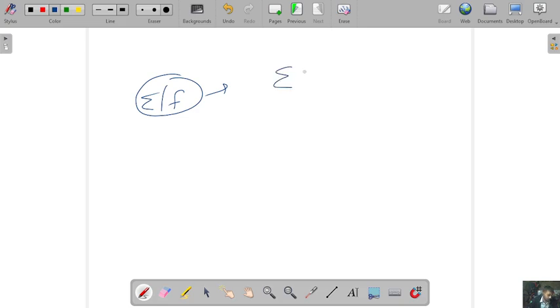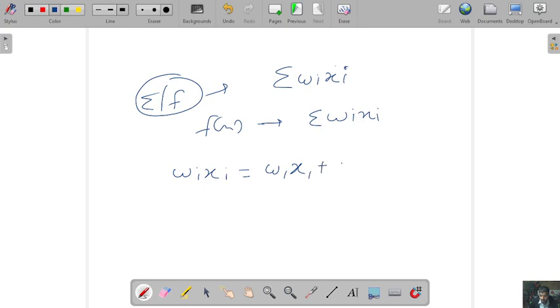Here it means summation of wi and xi, means function, wi and xi, means it is w1 x1, okay, plus w2 x2 plus w3 x3 and so on, wn xn.